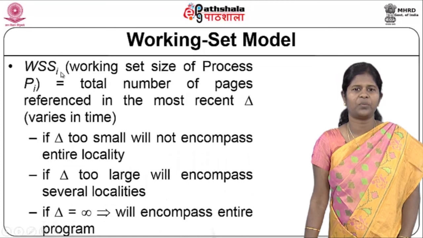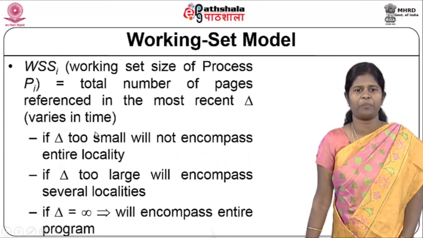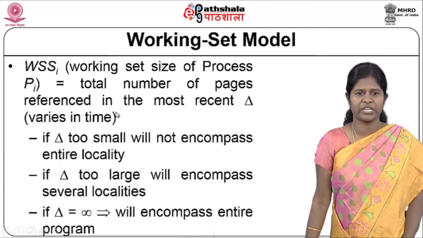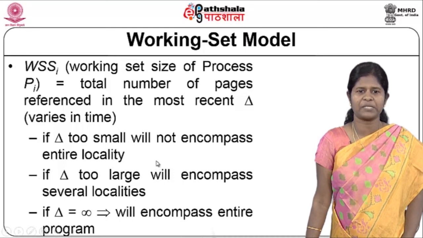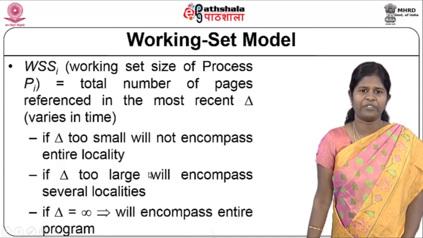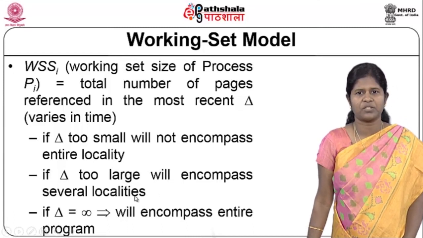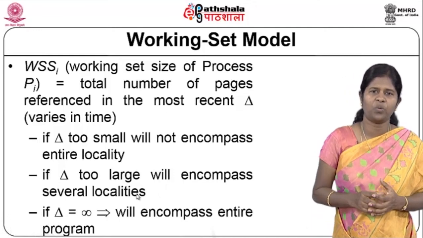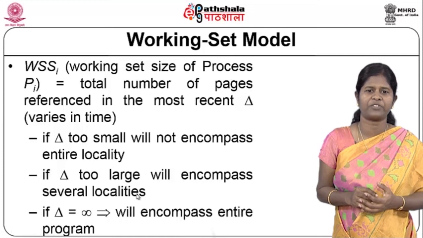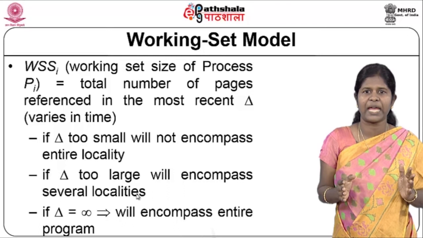So, the working set size for a process is nothing but the total number of pages referred in the most recent delta references. If delta is too small, it will not encompass the entire locality, but if delta is too large, it will encompass several localities. In the example at t1, we considered delta as 10.